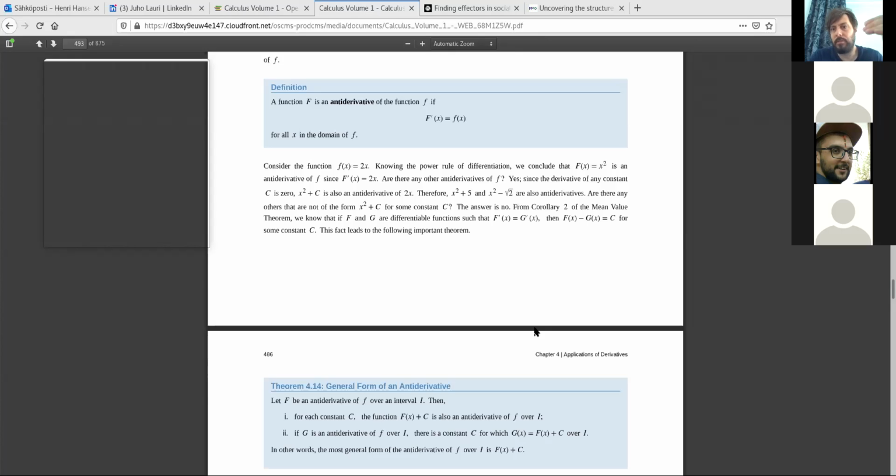So if you think of the derivative as a mapping from functions to functions, that mapping is not injective. However, it is actually only these constant functions that I mentioned that have the property that their derivative is 0.